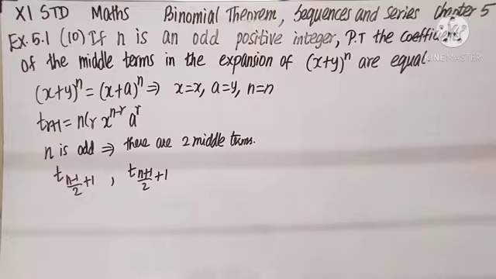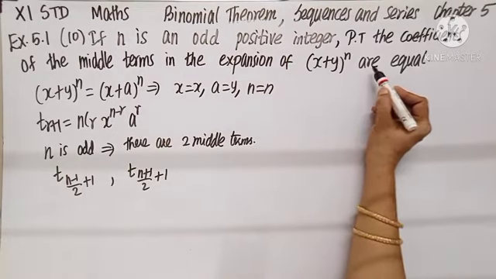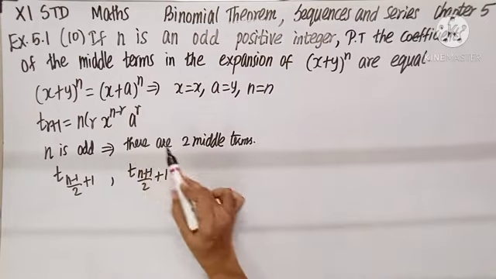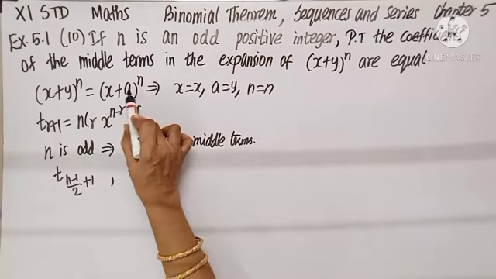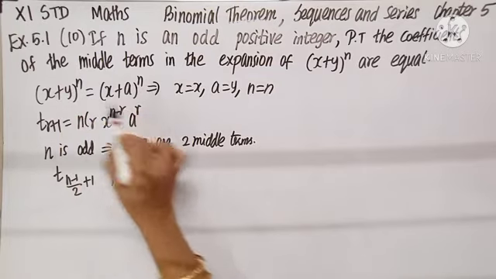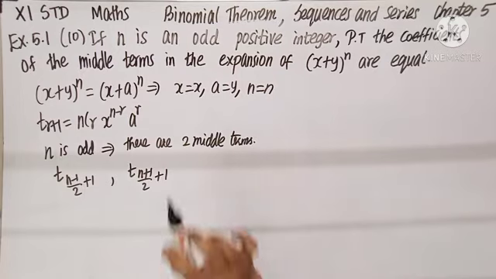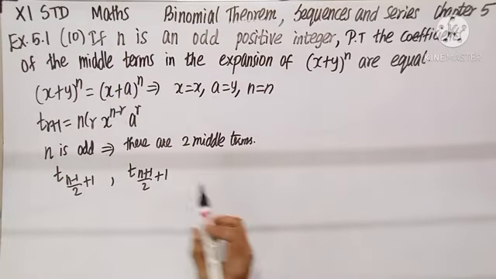Question number 10. If n is an odd positive integer, prove that the coefficients of the middle terms in the expansion of (x plus y) power n are equal. As we compare with (x plus a) power n, x is the first term, a is the second term, power n, and the general term formula. My question is about middle terms.